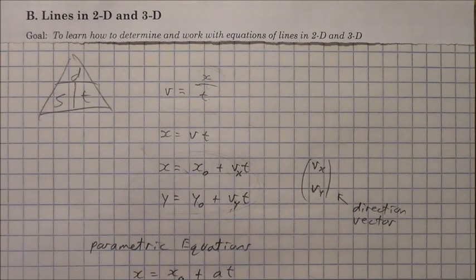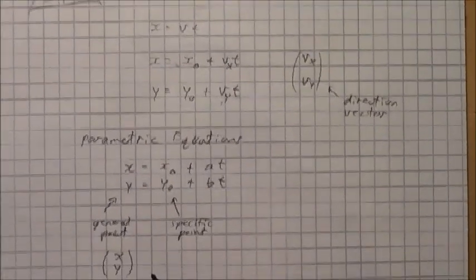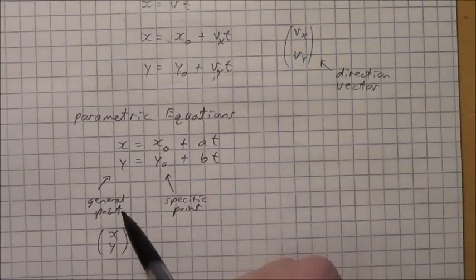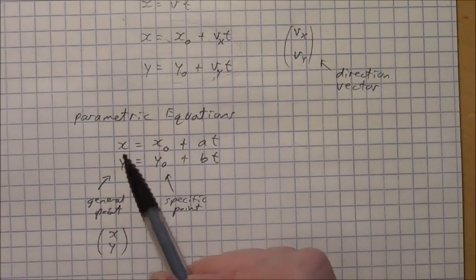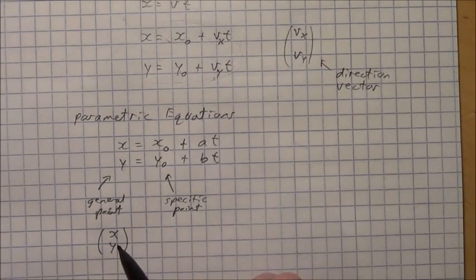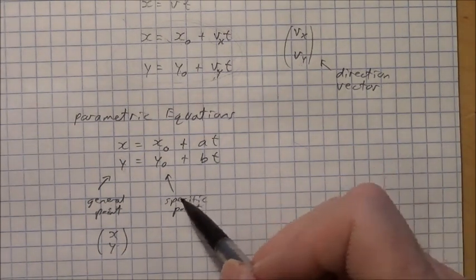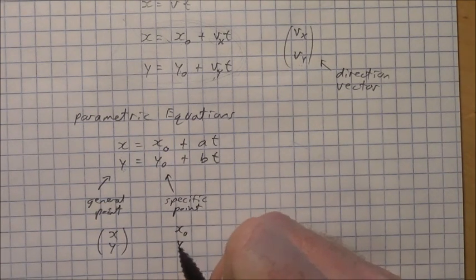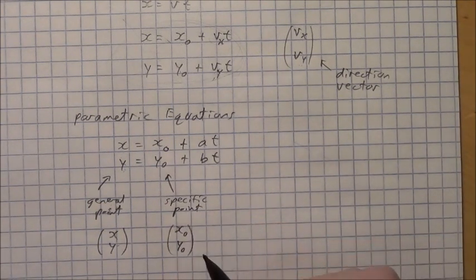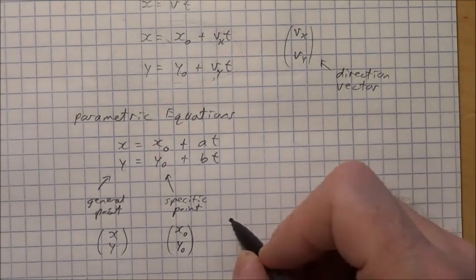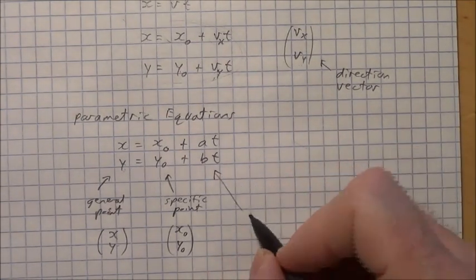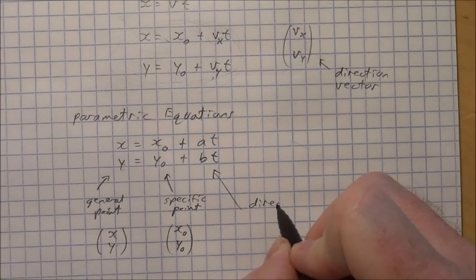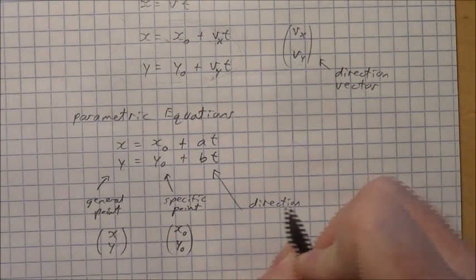So it's actually a vector. This is the general point, or the position vector of the general point on the line, x, y. This is the position vector of a specific point x naught, y naught on the line, and a, b is the direction vector of the line.